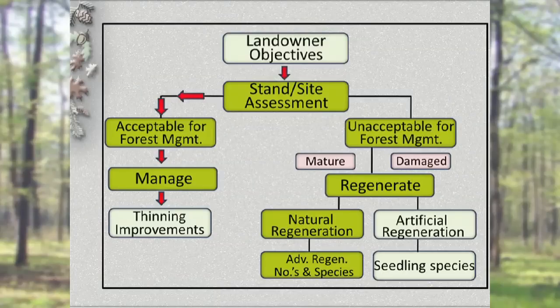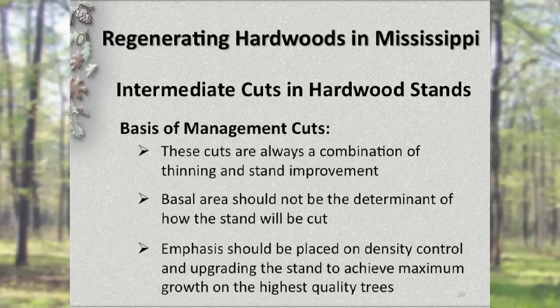So if we look back on our flow chart, we look at the landowner's objectives, we've made our stand site assessment, we figure that it's acceptable for forest management, so we're going to manage our stand, but we're going to manage it through some sort of thinning. So the basis of our cuts will always be, when we're moving out, we're improving the stand as we move through these thinnings.